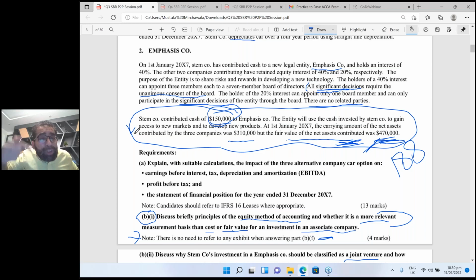So we as STEM company should have contributed 188,000, but the other two agreed to 150.